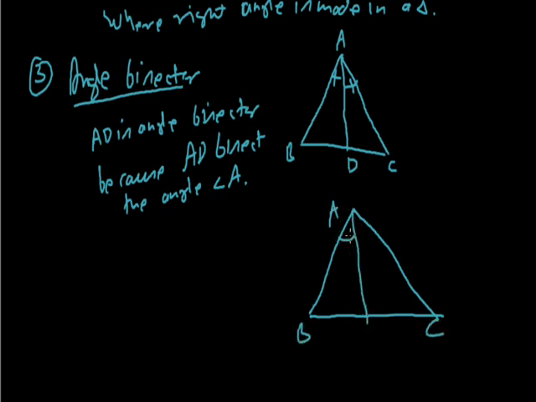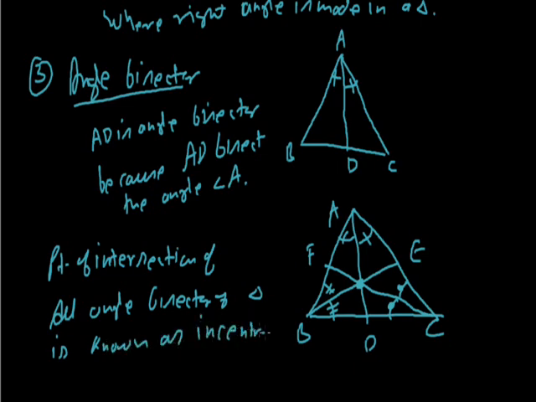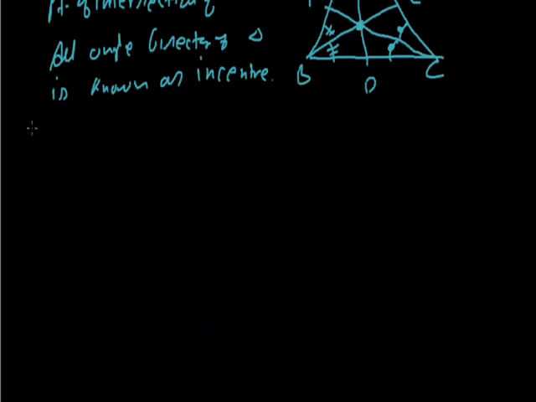We have AD, the angle bisector which bisects angle A. We have BE, the angle bisector which bisects angle B. And we have CF, the angle bisector which bisects angle C. The point of intersection of all the angle bisectors of a triangle is known as the incenter.